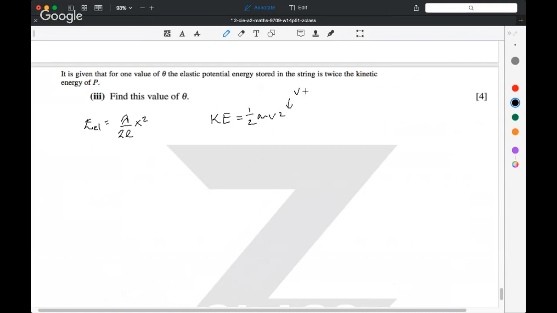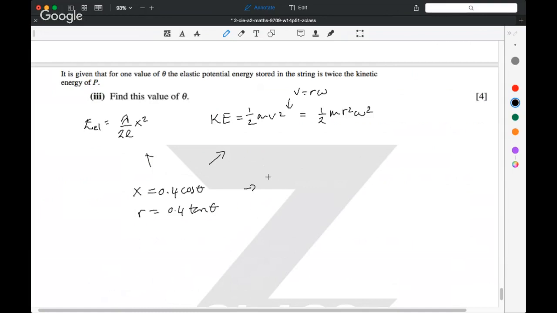We use the fact that v is equal to r omega in rotational motion to get 1/2 m r squared omega squared. And we're told that the elastic energy is twice that. We found before that x is equal to 0.4 over cosine theta, and that r was equal to 0.4 tan theta. So let's plug these in.